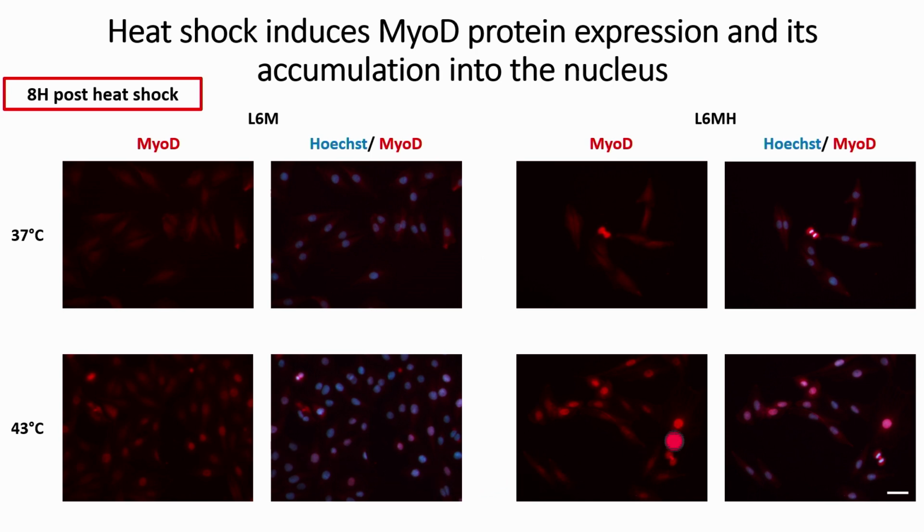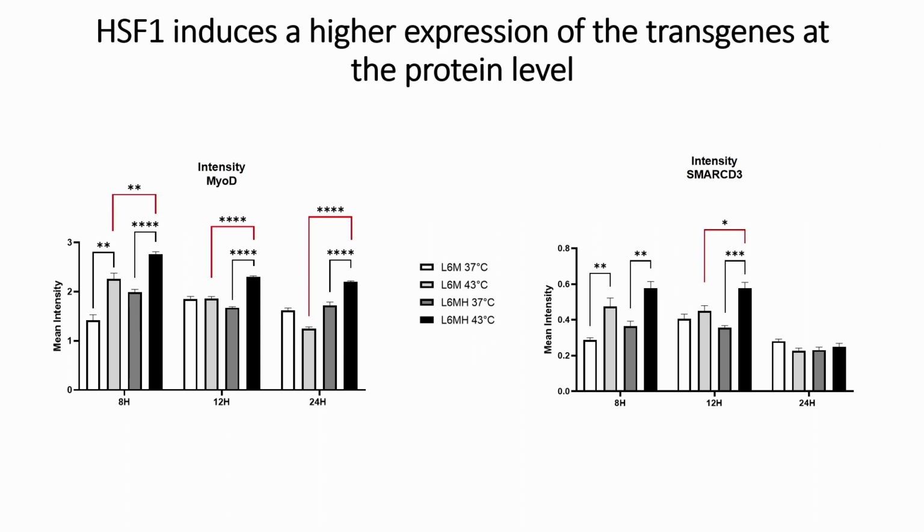And this is particularly evident for the L6MH cell lines, where the signal is higher and most of the cells accumulate MyoD in the nuclei. And this was also confirmed by quantitative analysis.